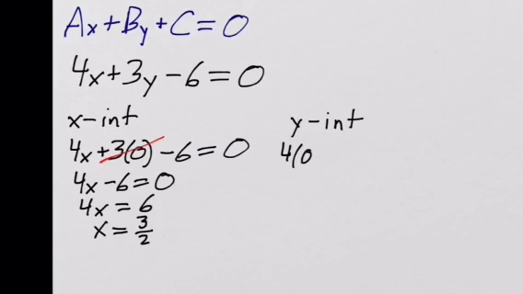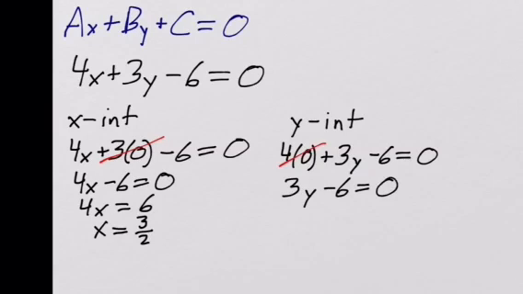So 4 times 0 plus 3y minus 6 equals 0. 4 times 0 is 0, so I'm left with 3y minus 6 equals 0.